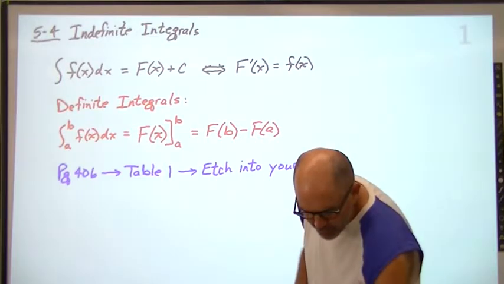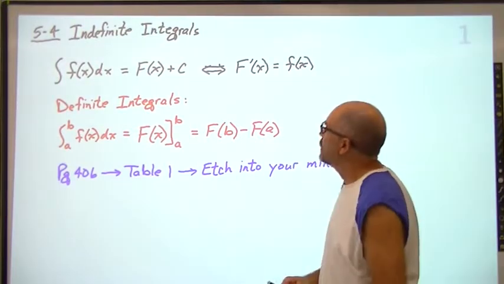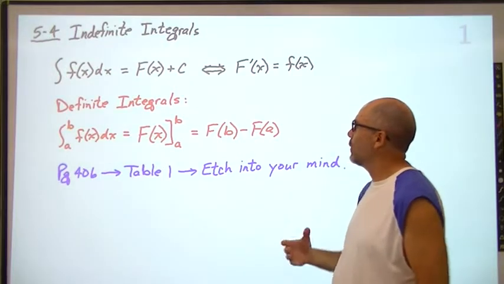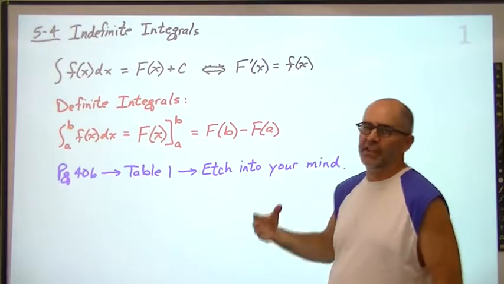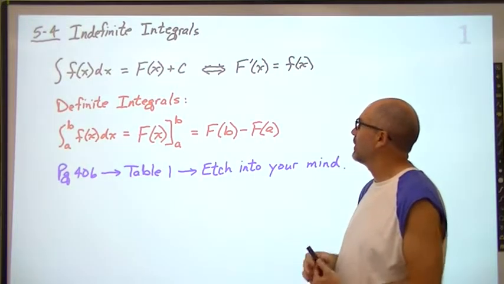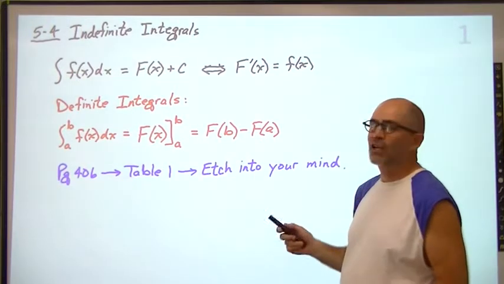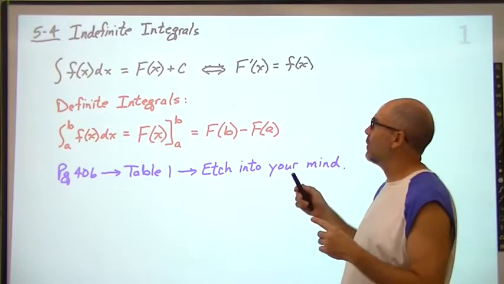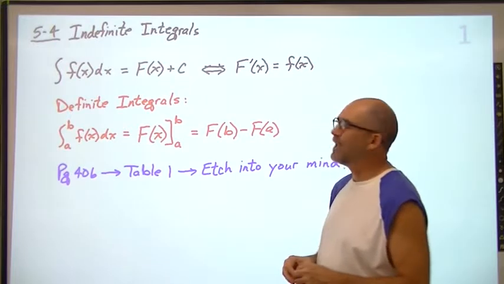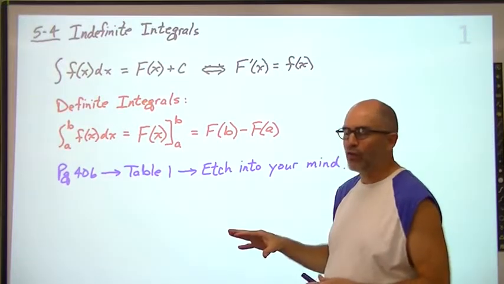Now, we've talked about the definition of the integral. Now we're making the distinction between the indefinite integral and the definite integral. An indefinite integral is an integral that has no limits. In other words, we're not taking the area under a curve.